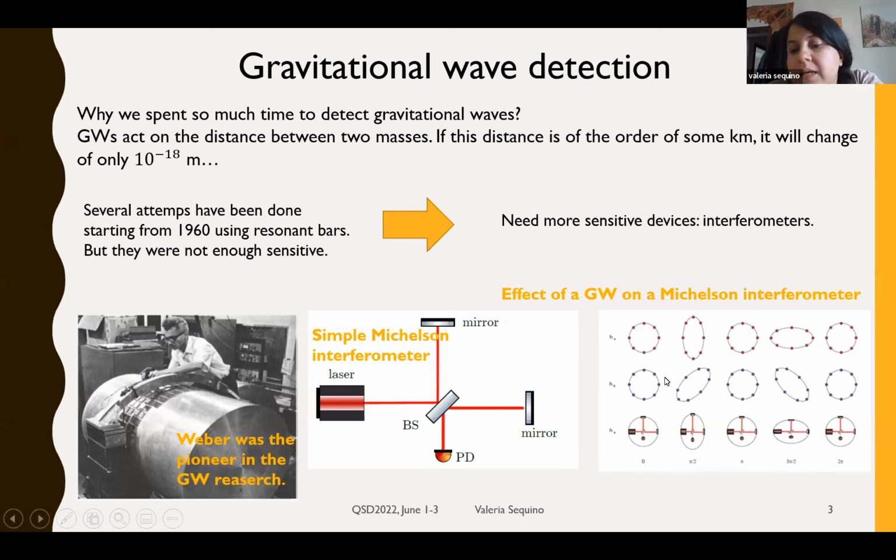The masses that are considered in order to measure the difference in distance are the masses of the mirrors, and the effect of a gravitational wave that impinges orthogonally to the plane where the interferometer is located is to make shorter the distance between two mirrors, and longer the distance between the mirrors that are in the orthogonal direction.